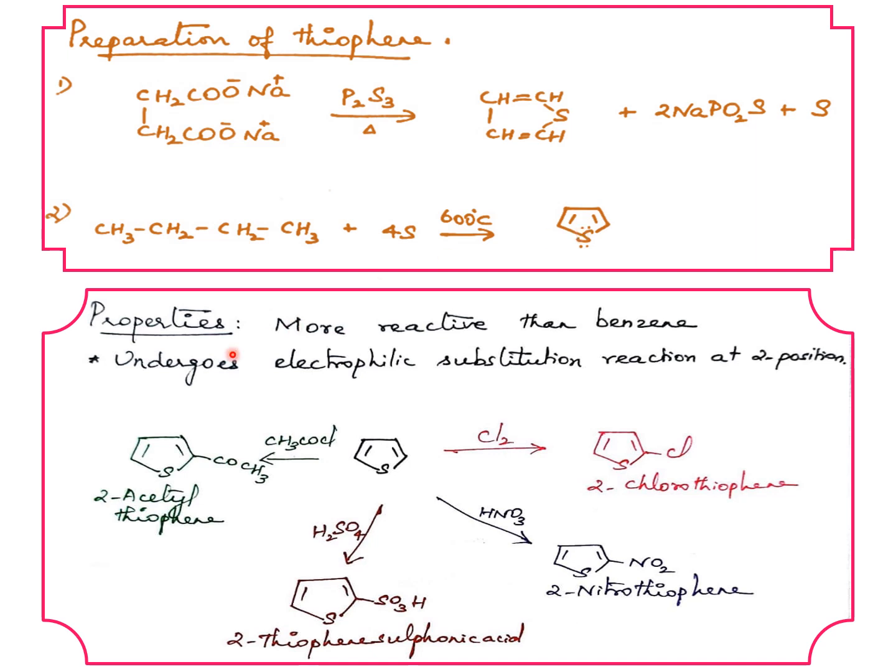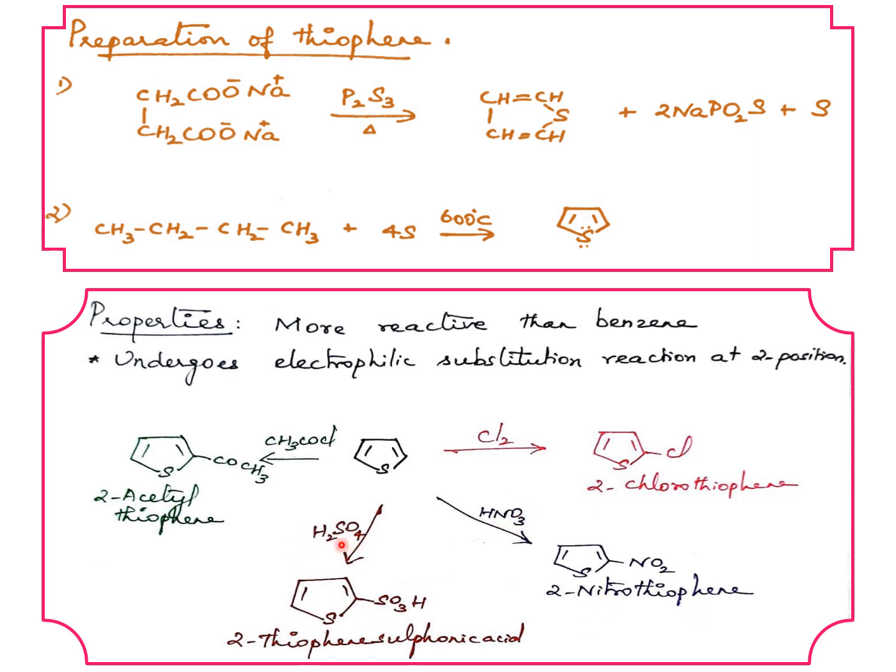Similar to pyrrole and furan, thiophene will also undergo the electrophilic substitution reaction at the second position, and it is found to be more reactive than normal benzene. Upon chlorination by using Cl2, it gives 2-chlorothiophene. Upon nitration with nitric acid, it provides 2-nitrothiophene.